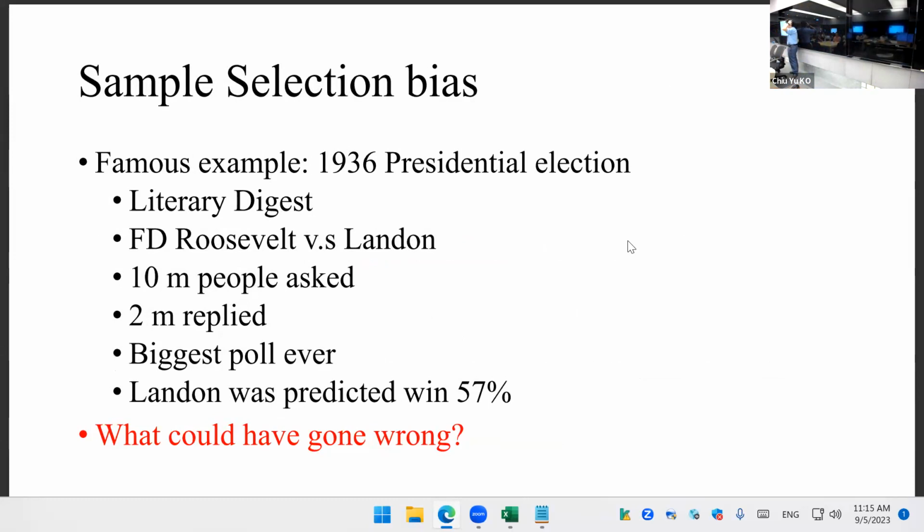At that time, telephone was very rare, right? Only the rich or relatively rich people had a telephone. So that's why they missed those people, the large majority of people who don't have a telephone, and that's why they were off. So even though it was really a random selection, you miss a lot.